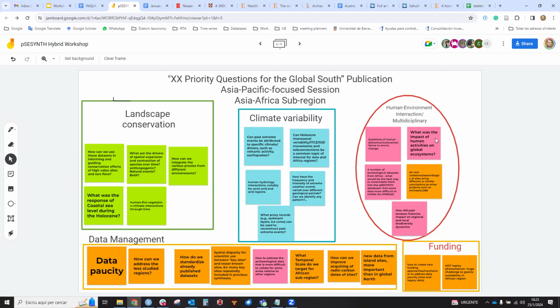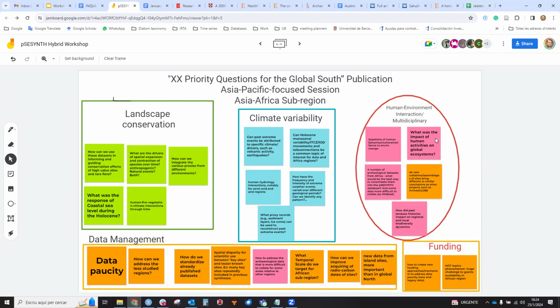For example, as Rahab was explaining in the morning, the Rift region has a lot of work done both archaeologically and paleoecologically. But for the rest, for example in the Kenyan context, there is very little done.